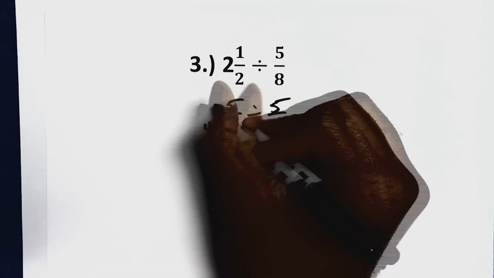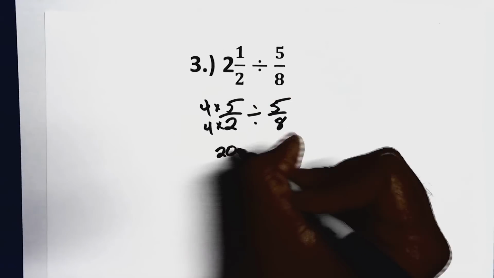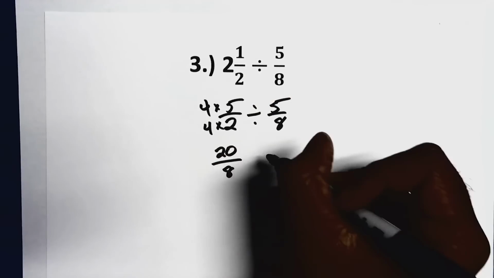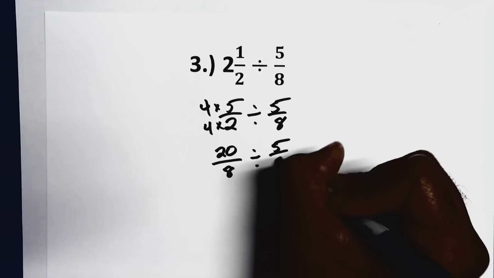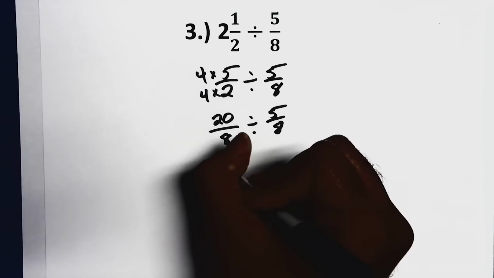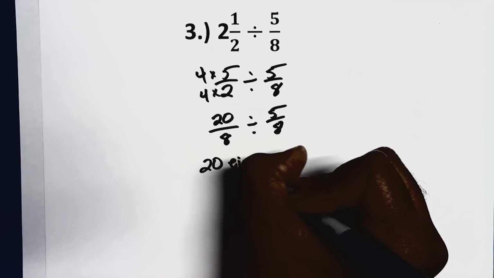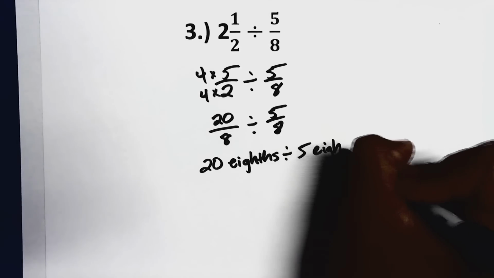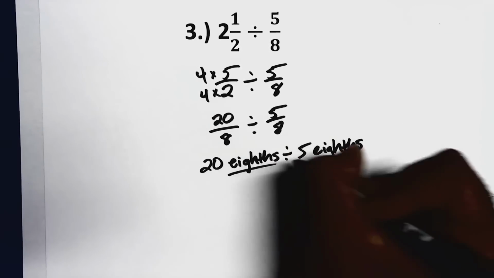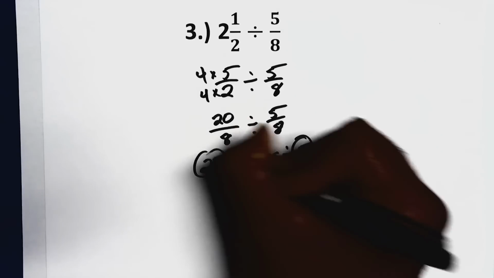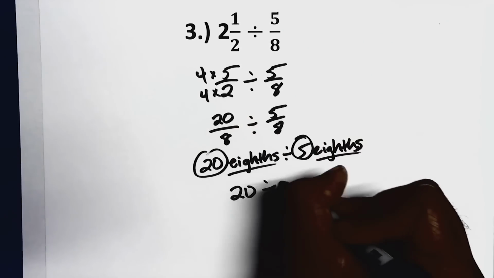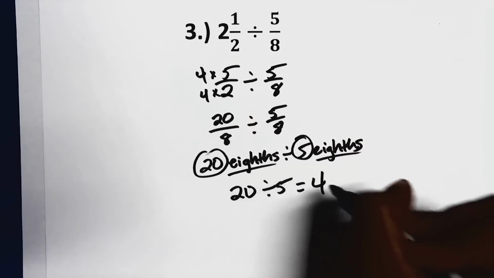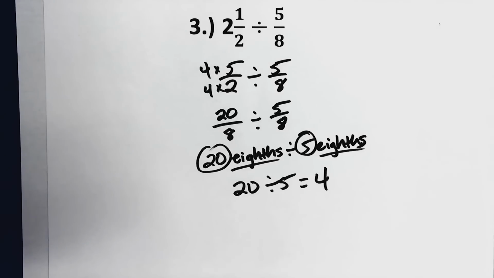Multiply by 4. That'll be 20 eighths divided by 5 eighths. That's going to give me 20 divided by 5, which is going to give me 4. Good job.